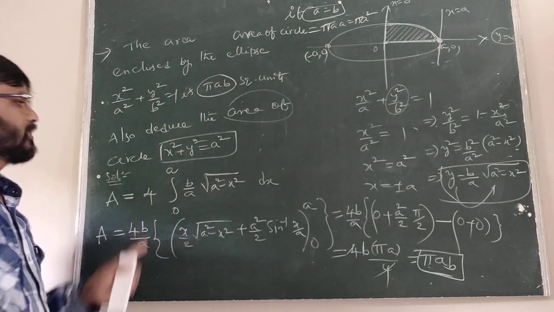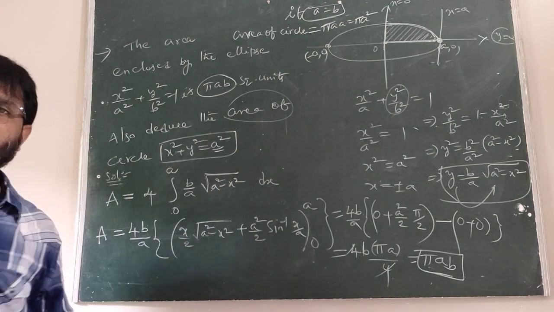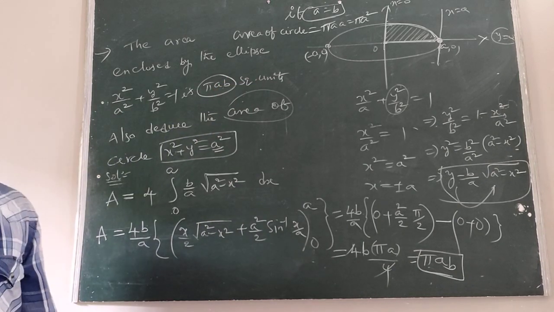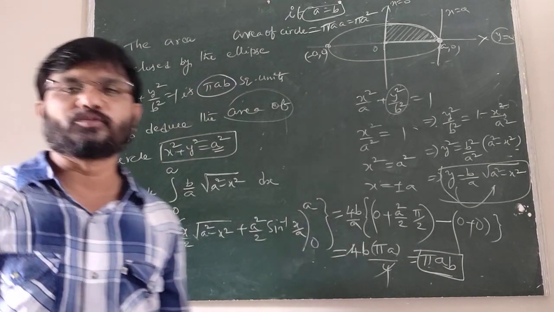When the radius is a, we know that the area of the circle is pi r square, that is pi a square. If a equal to b, the ellipse becomes a circle.